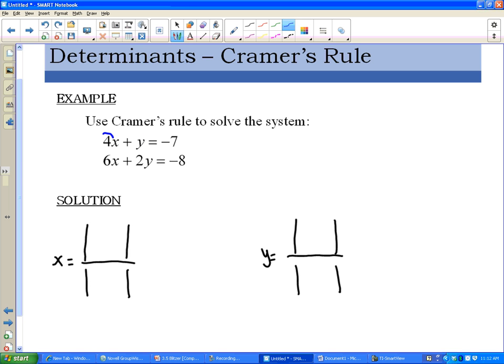My A column here, 4 and 6, goes on the bottom in the X column, or the first column, and it goes on my top in the Y column. The only place that my A's don't go is in the X column when I'm solving for X.